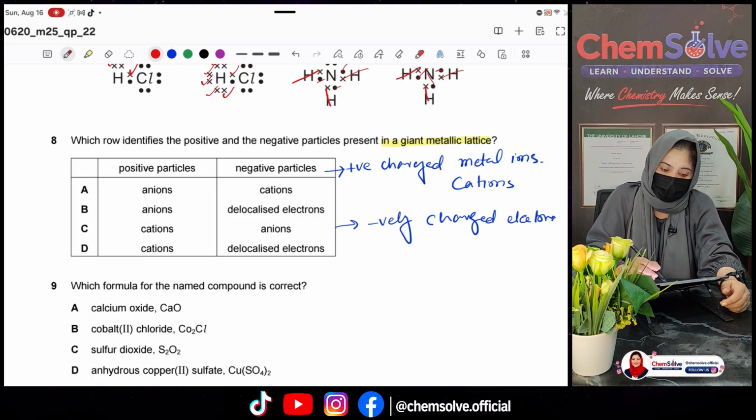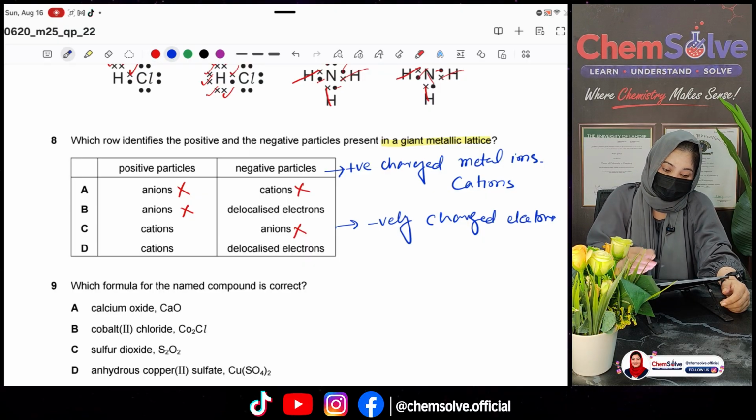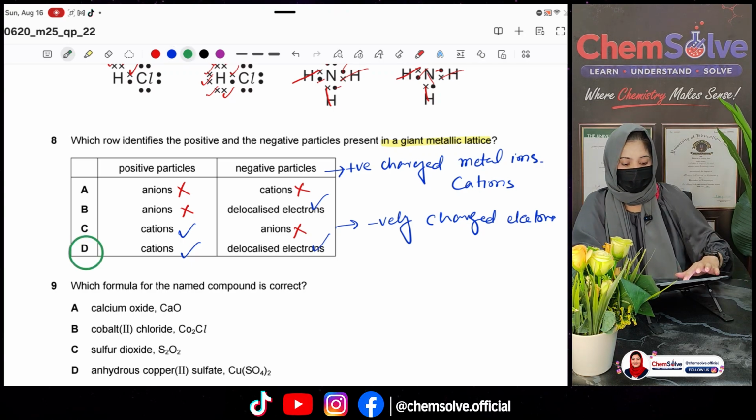So the option which says that positive particles are anions is incorrect. And the option that says that negative particles are cations or anions is also wrong, because in metals, the negative particle is the electrons. So electrons are correct and cations are correct. So D is the correct option with both the ticks.